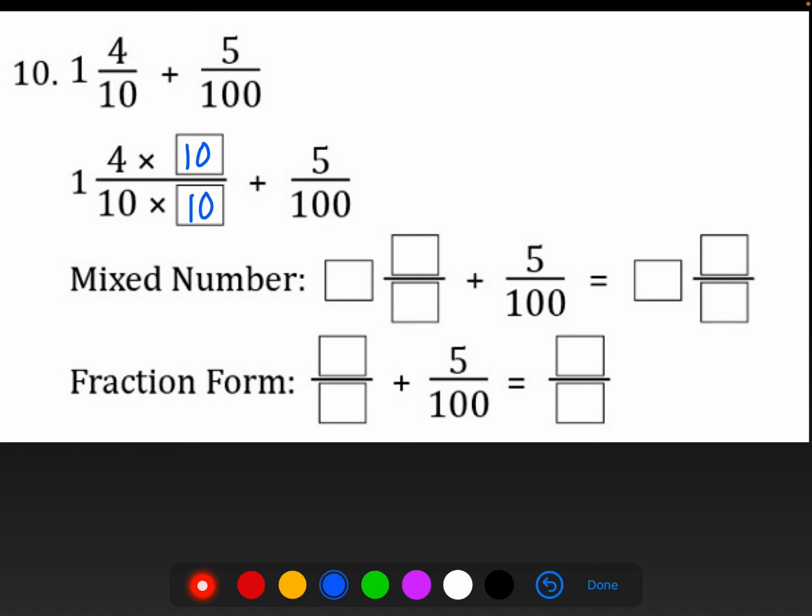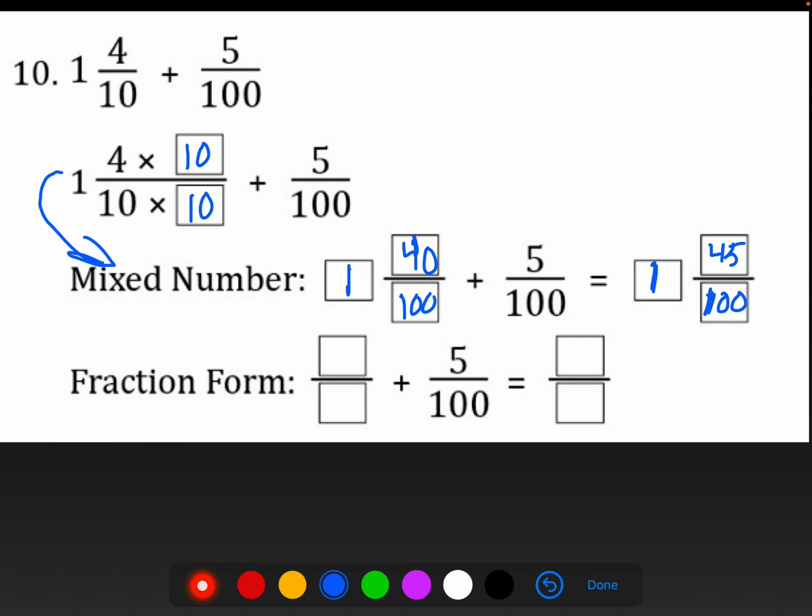Actually, this one, I'm going to do as the mixed number first. So I still have the 1. 10 times 4 is 40. And then 10 times 10 is 100. So now we've got one whole. So it's 1 and 45 hundredths, and they're still broken into 100 pieces.